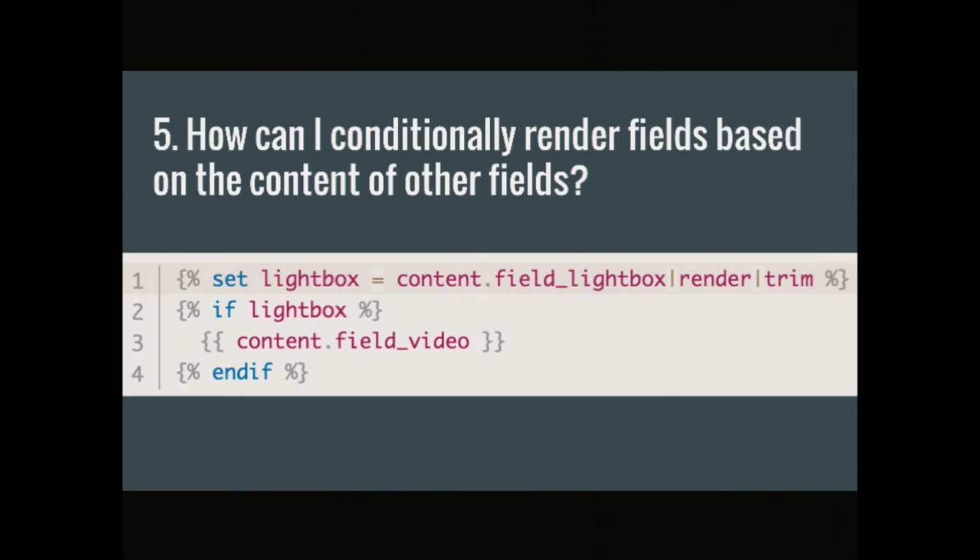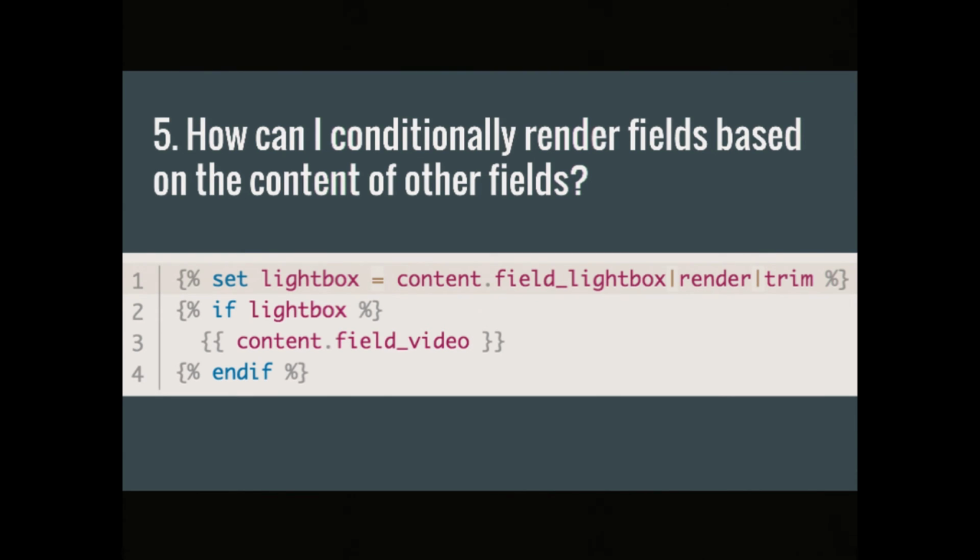And why do we need a trim at the end? Again, when you render something, Drupal will put white space before and after. So if you have white space, 0, white space, that is a valid string. So that again will evaluate to true. When using the trim filter, we remove the white space around, and then you actually get either 0 or 1.